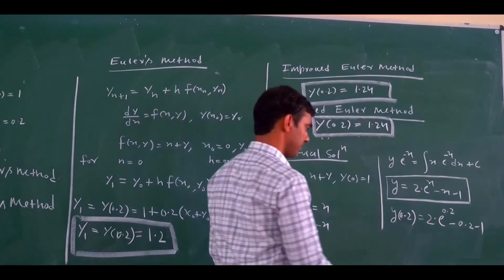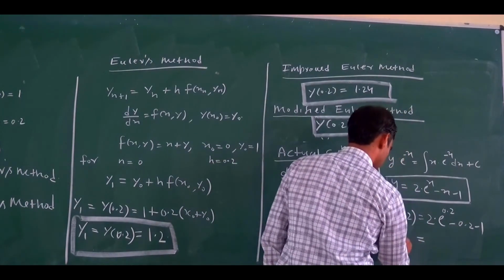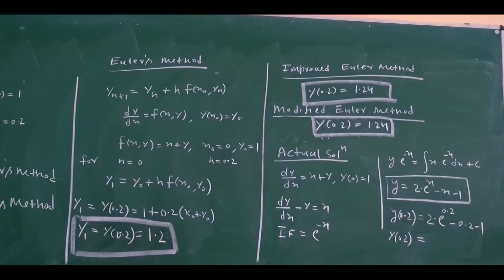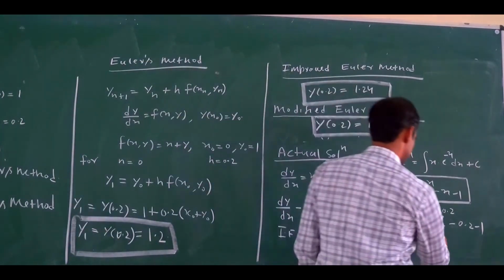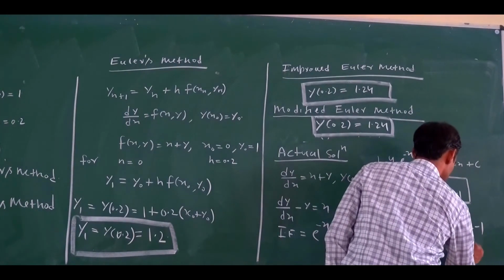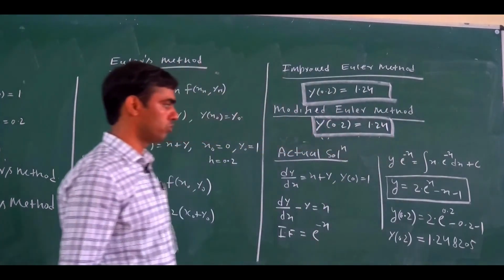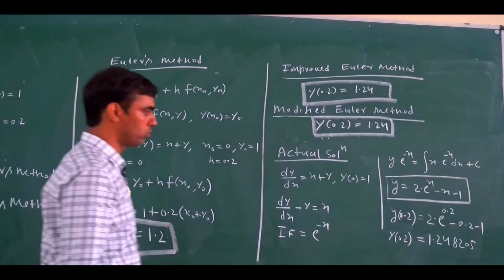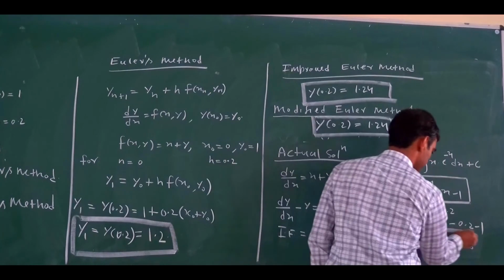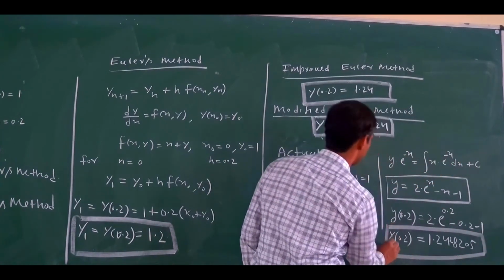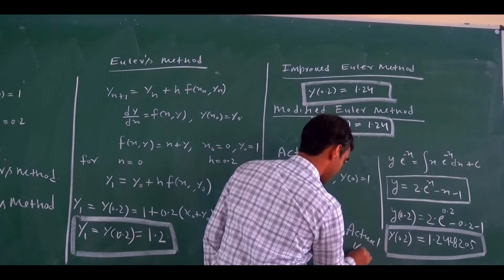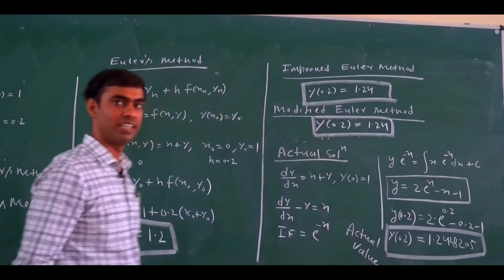After simplification, I have already noted down the value for this one. y0.2 equals 1.2428242. This is the actual value.